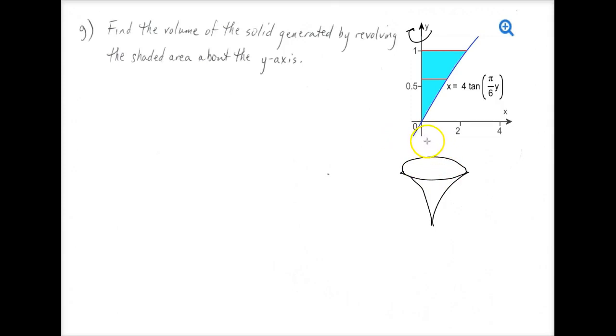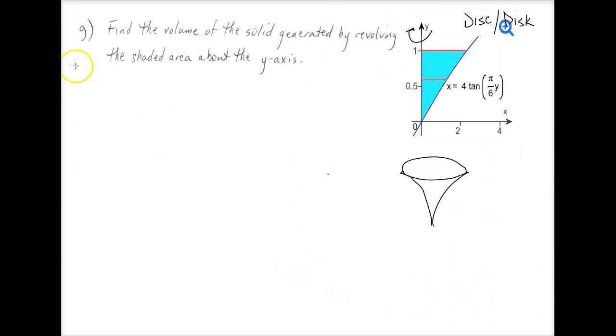So one of the things that I hope you notice here is that to be able to rotate this about the y-axis, there is no gap in between the y-axis and the axis of rotation. So that means here we can actually use the disk method. And you may spell disk this way, or you may spell it this way. But either way, the disk method will be used here.